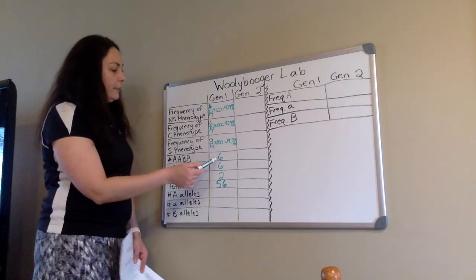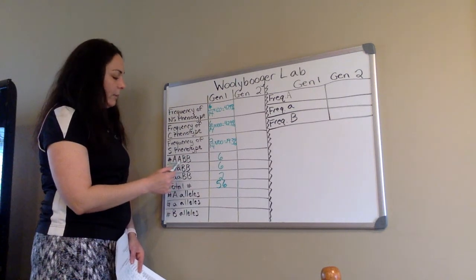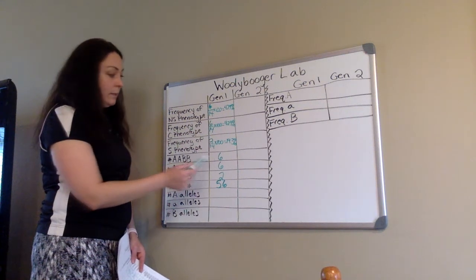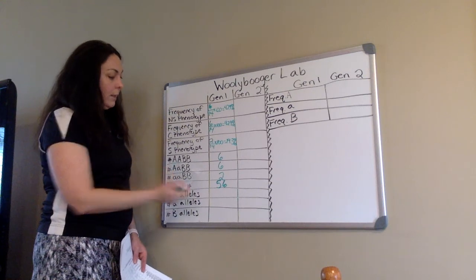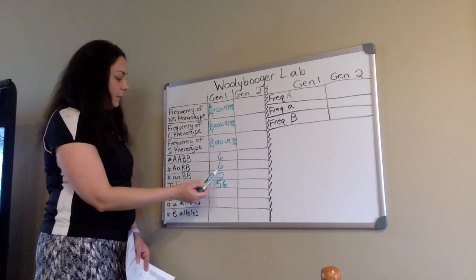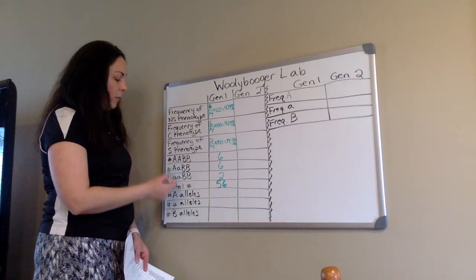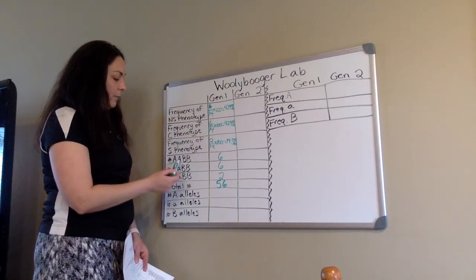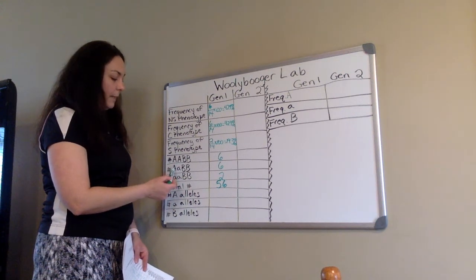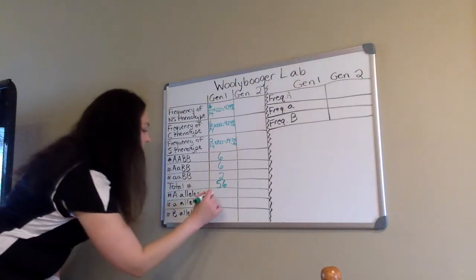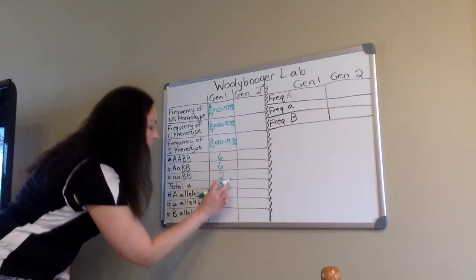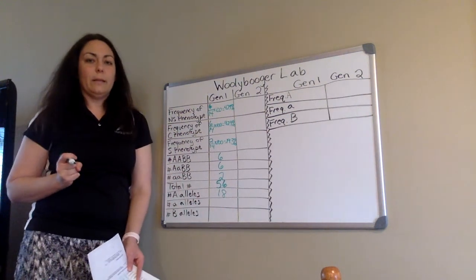So if we had 6 narrow spatulas and they each had 2 big A's, 6 times 2 would be 12. And then we had 6 clothespins that each had 1. So 12 plus 6 would give us 18. And the spoons had none. So we have 18 of the 56 alleles being big A's.